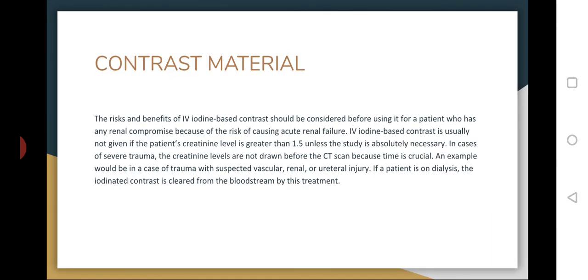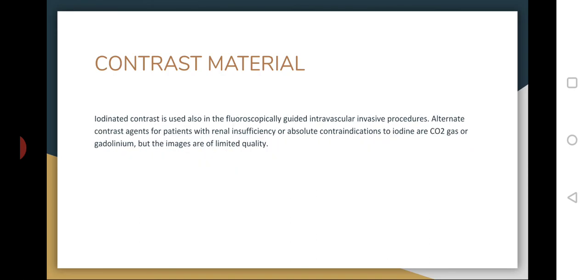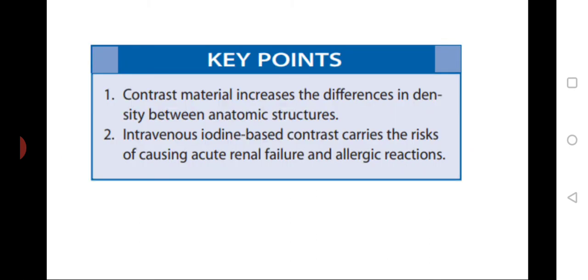Is there something more clever? Okay, so contrast material increases the difference in density between anatomic structures. Intravenous iodine-based contrast carries the risk of causing acute renal failure and allergic reaction. Also, it may be dangerous for patients with thyroid diseases.